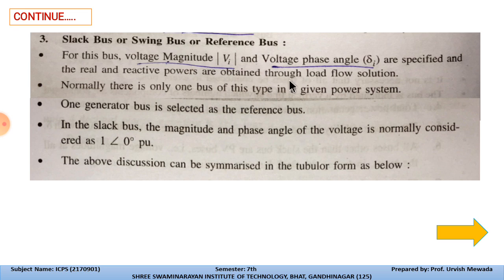The largest generator is connected with this bus, so the generator bus is selected as the reference bus. In this slack bus, the magnitude and the phase angle of the voltage are normally considered 1 at angle 0 per unit. All the data in the power system is in per unit, so that's why the slack bus is indicated at 1 at angle 0.